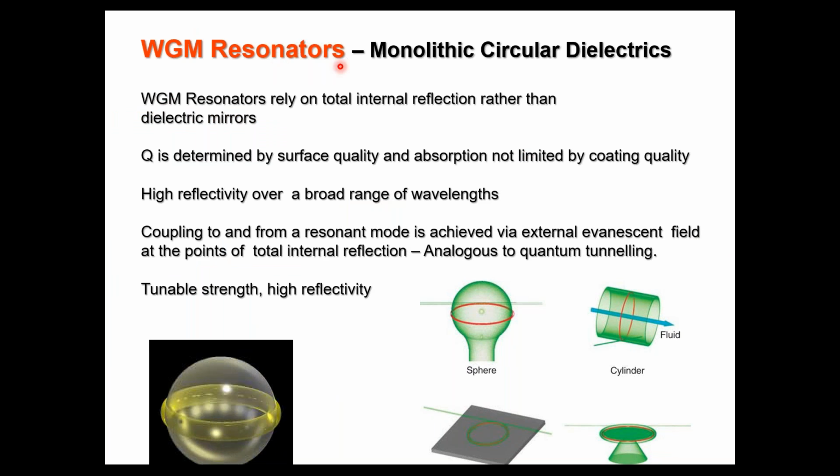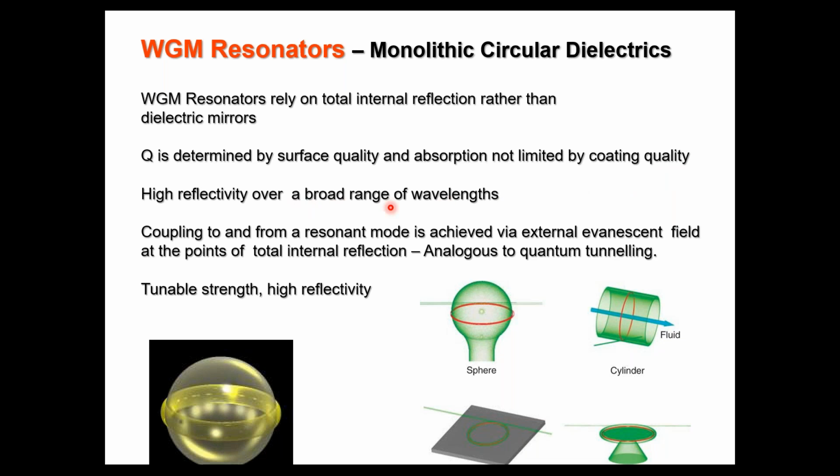So WGM resonators are basically monolithic circular dielectric structures. WGM resonators rely on total internal reflection rather than dielectric mirrors. Okay, so the Q is determined by the surface quality and absorption, not limited by the coating quality. So the coating technology is not coming into picture.